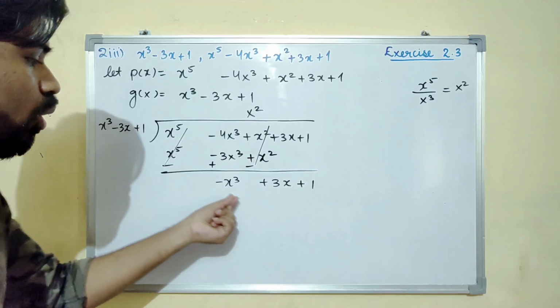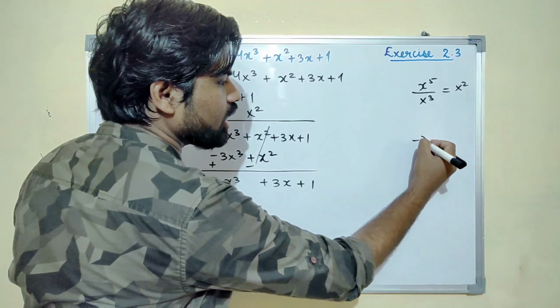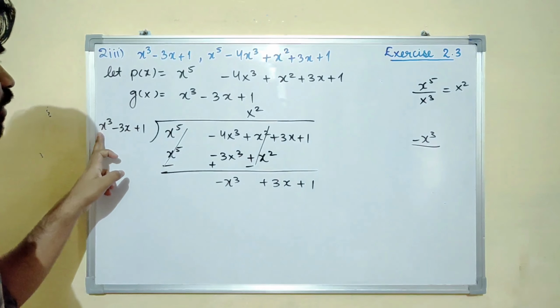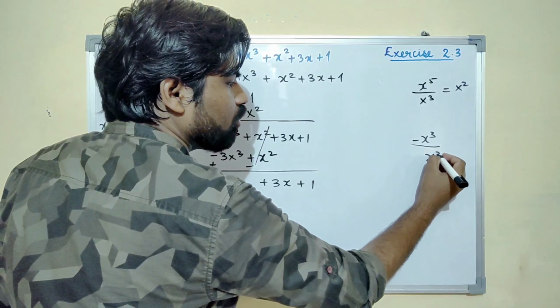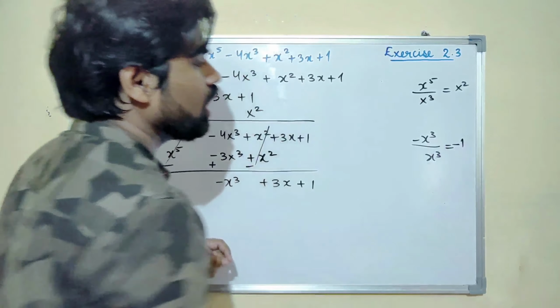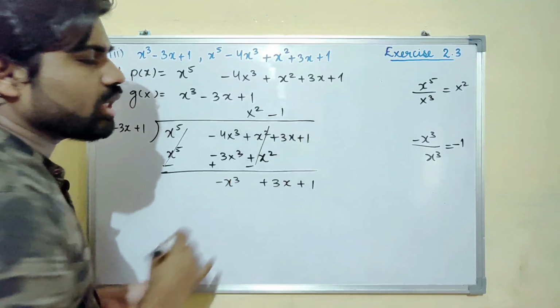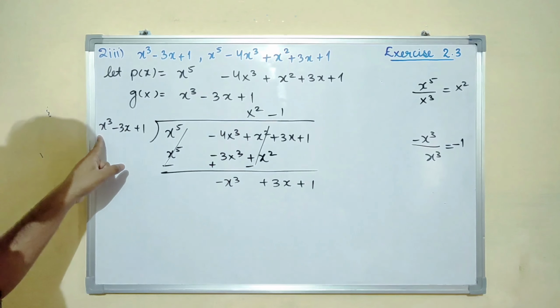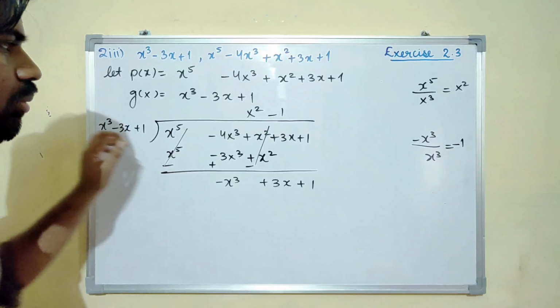Okay, here. Now the first term of the dividend is minus x cube and the first term of the divisor is x cube. It will be minus 1. Good. Now you would write minus 1 here and multiply all the terms of the divisor by minus 1.